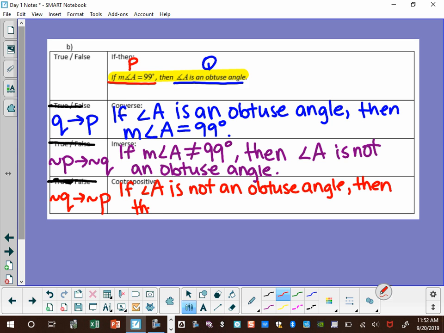Then the measure of angle A does not equal 99 degrees. When you do this, please take your time and do it step by step. If you rush and get your symbols messed up, then the whole sentence is messed up. All right, any questions here?